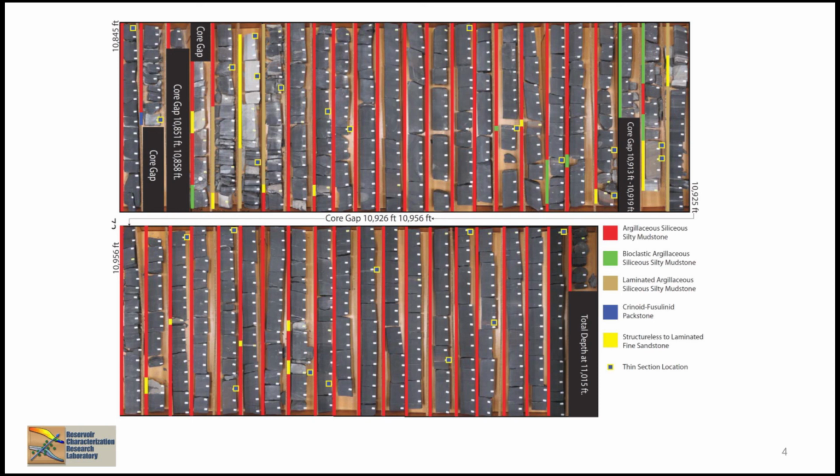There's a couple of thicker sandy units that are turbidite too, medium to coarse grain sandstone, some debrite at the top of the core, and then a couple of gaps in there. We still don't know what the gap in the middle is made of. We'll have to discuss that maybe with the next core.